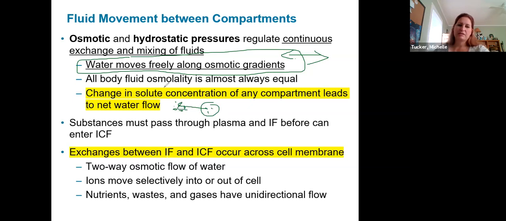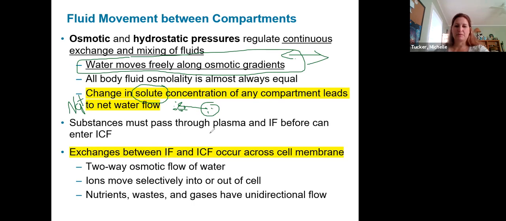By changing the solute concentration, which in most cases is sodium, water will follow. So water tends to follow sodium. If we regulate sodium, we regulate water. It's not all or none, but they do have that relationship.